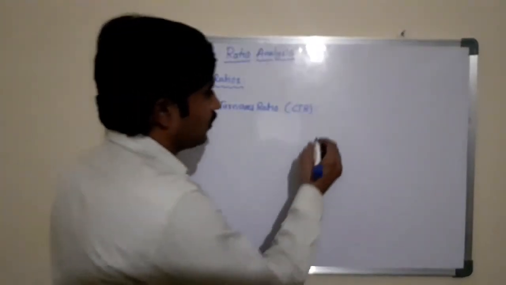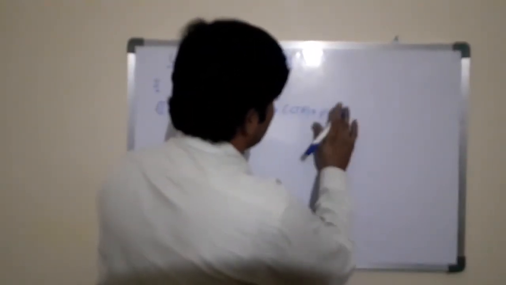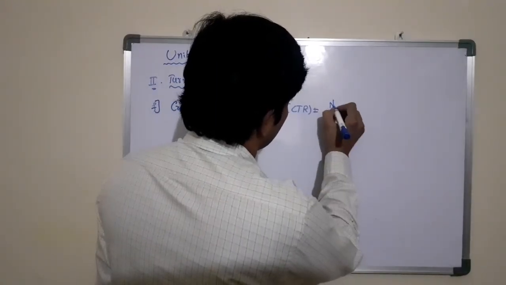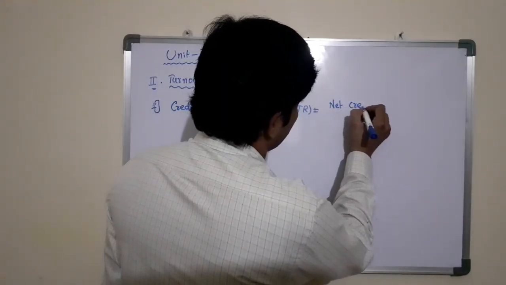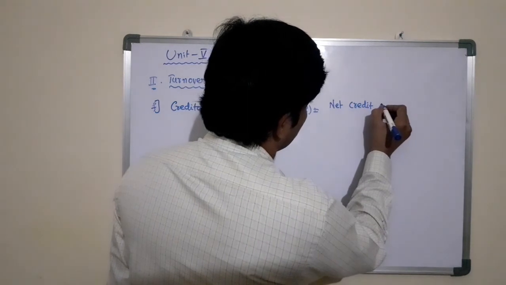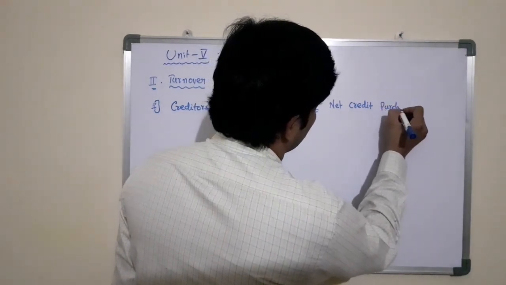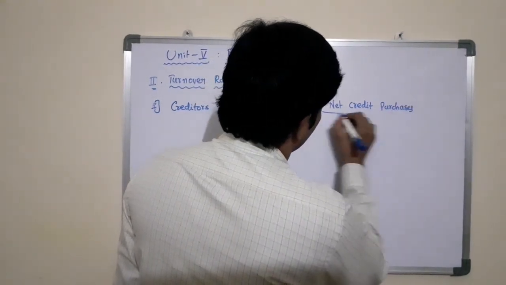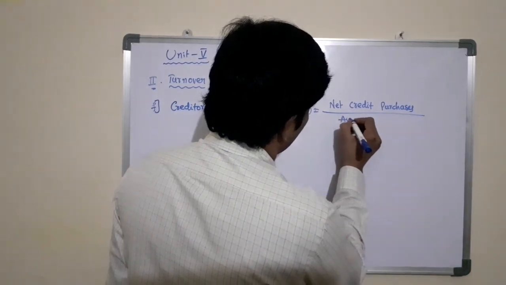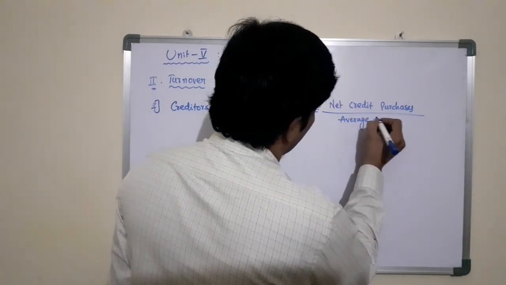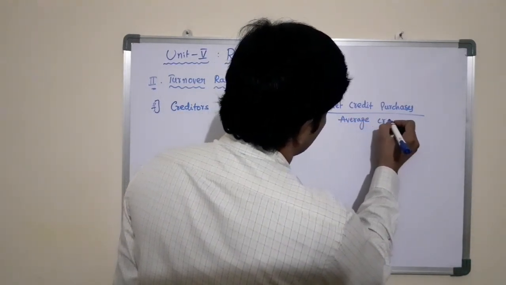So to calculate the creditors turnover ratio, we can use the formula: net credit purchases by average creditors.